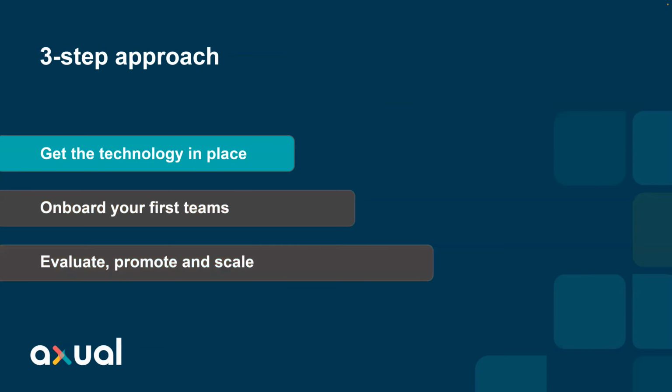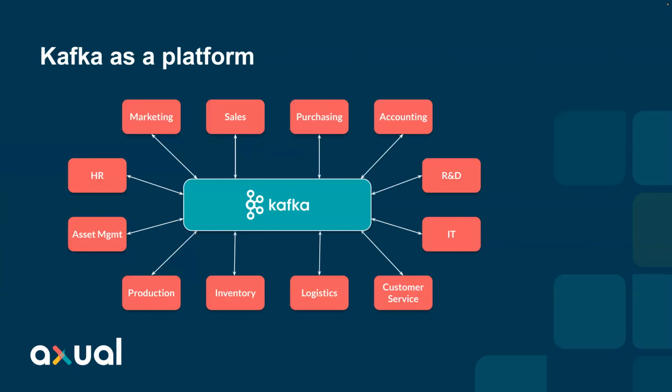So let's look at the technology. What technology do you need to get such a common building block for all your teams in place with Kafka? Typically, Kafka itself in such a situation will be seen as a central hub where all of your departments connect to. So when they do, they will exchange messages in probably their own jargon.